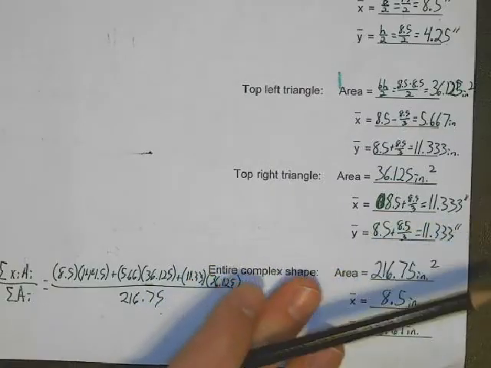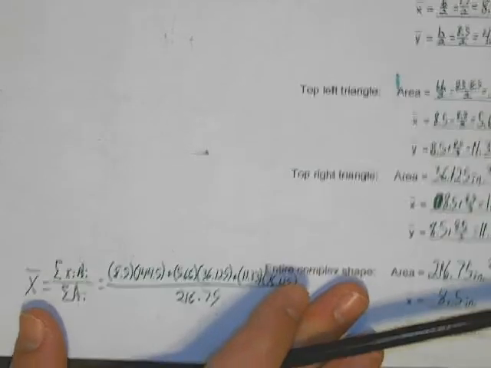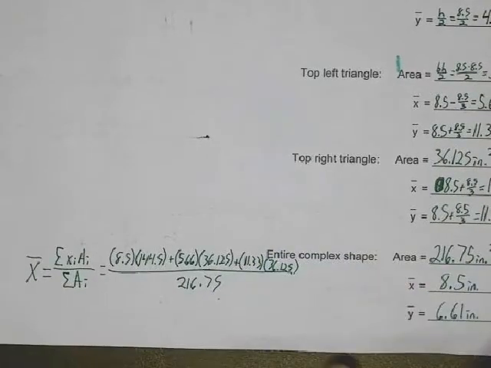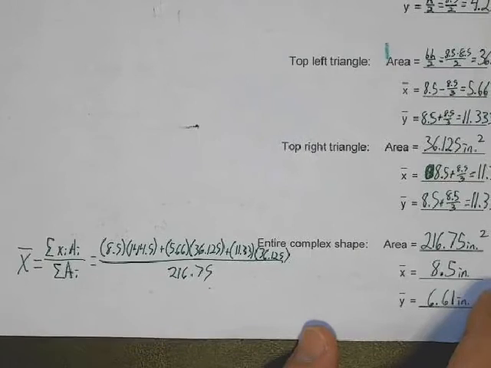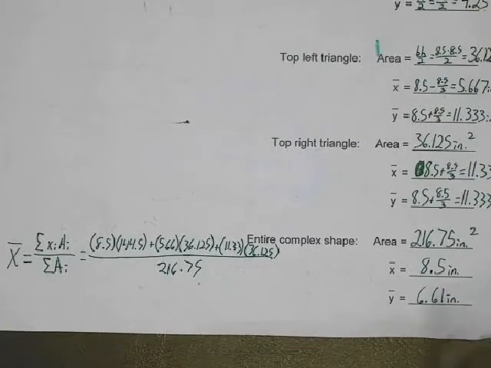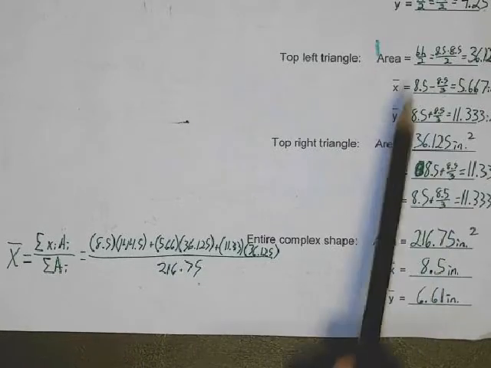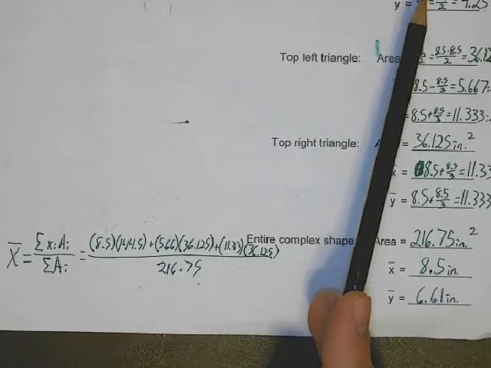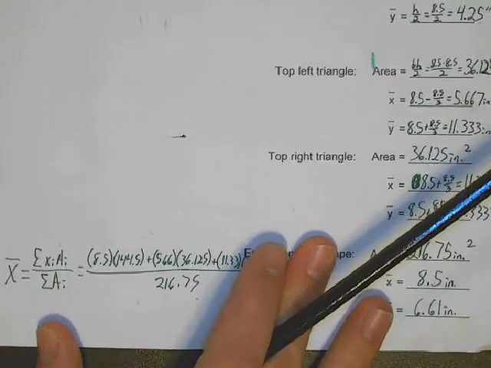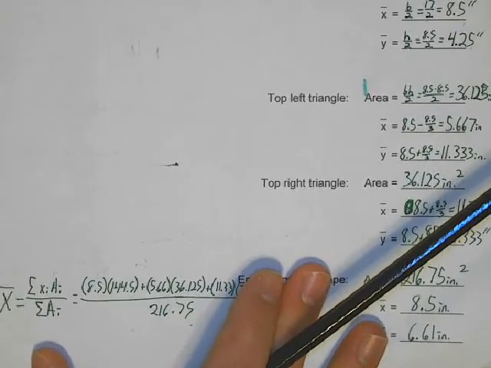So how do I do that again? I showed how to do the x. I didn't show the work for the y, but it's the same concept. It's the sum of my centroids times the areas divided by the sum of the areas. So for my rectangle up here, it's kind of off my screen. Let's see if I can fit it on here.